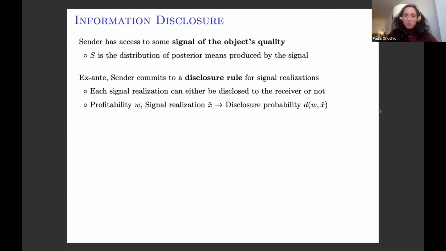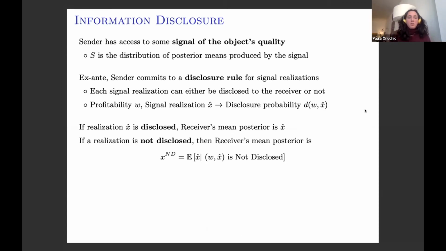So let me tell you, as I told you, what the disclosure rules look like. Now let me tell you from the perspective of the receiver. Let's say that there's a certain realization that the sender chose to disclose to the receiver. Then the receiver's mean posterior is going to be exactly equal to x hat, which was the realization to start with. However, if the realization happened and the sender chose not to disclose it, then how does the receiver create his mean posterior?